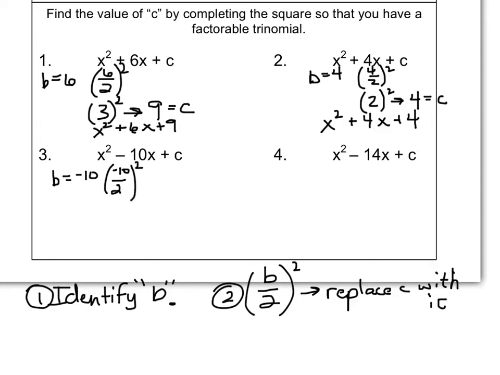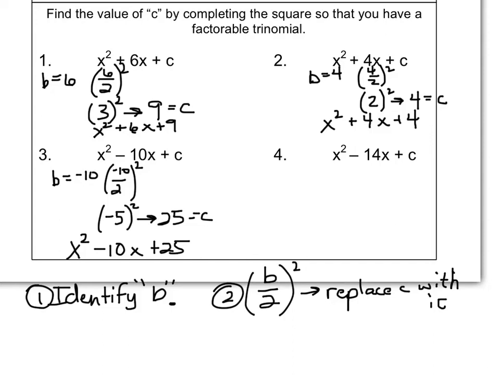Negative 10 divided by 2 is negative 5, and if I square negative 5, that's going to be positive 25. That's going to be C. So your new trinomial would be x squared minus 10x plus 25. And if you were trying to factor that, you'd find factors of 25 that add to negative 10, which in this case would be negative 5 and negative 5.